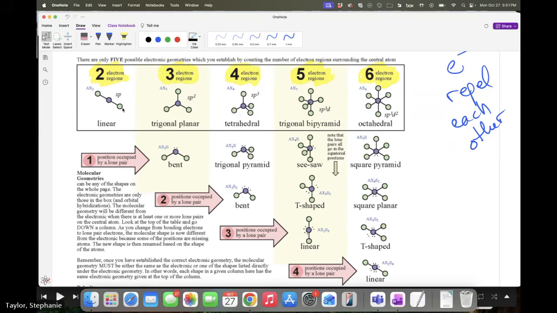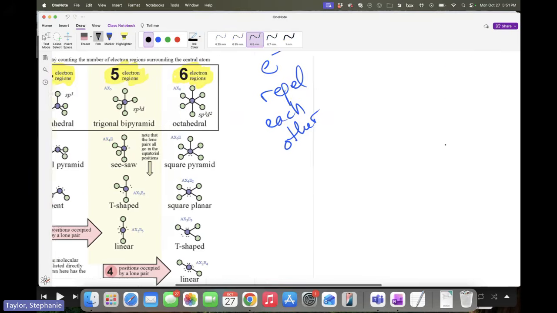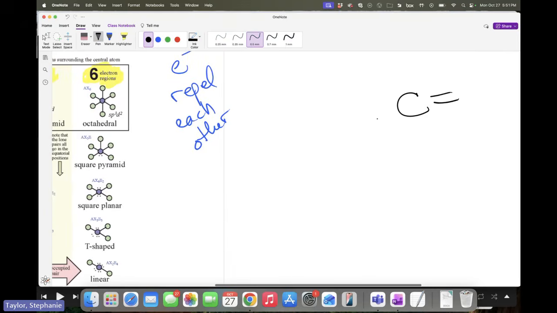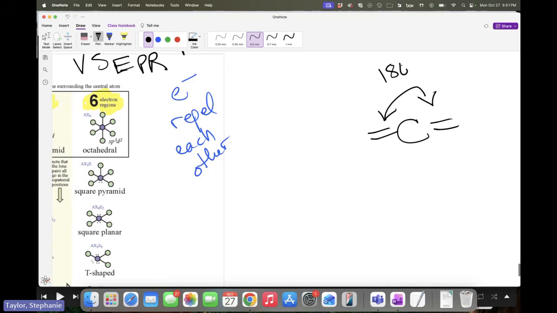So valence shell electron pair repulsion is the reason why, when we look at linear, if you just have two electron domains, for example a carbon with two double bonds, we talk about this bond angle here being 180 degrees. That's because this is linear. And sure, I can go ahead and make this carbon dioxide just so I draw a molecule.